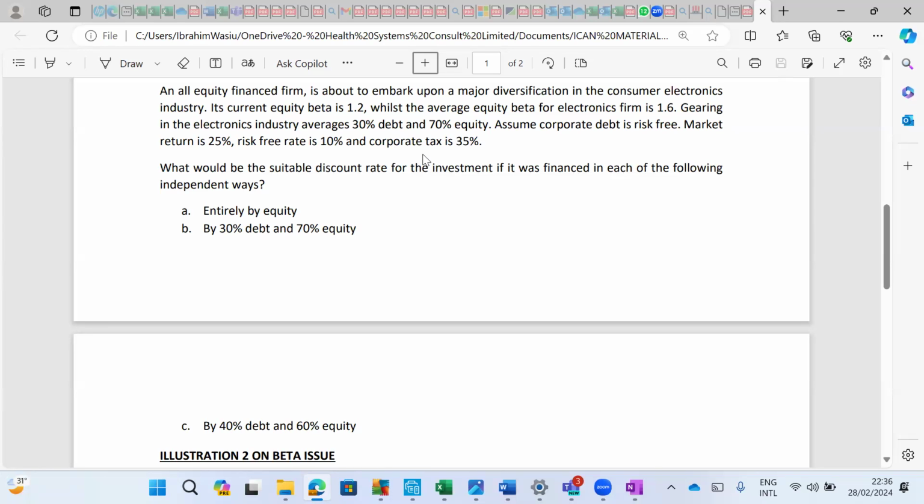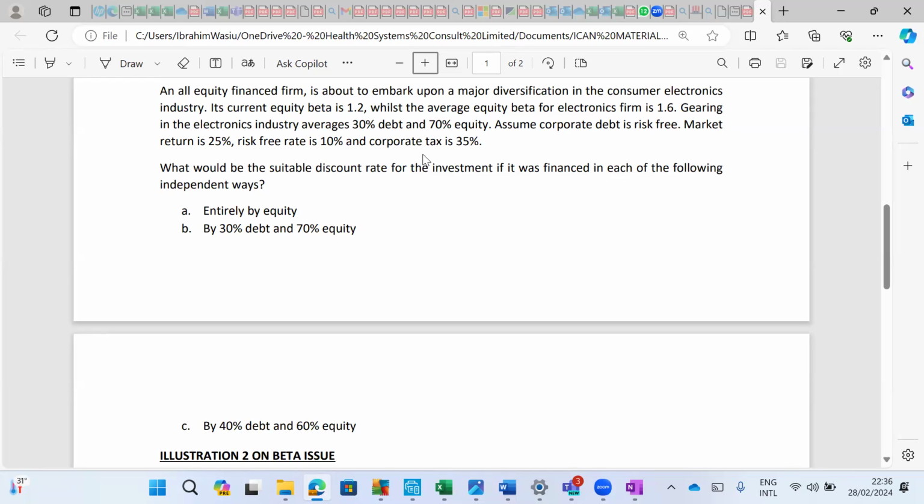Okay, so if I say corporate debt is risk-free, you can go back to your total cost of capital. When debt is risk-free, the cost of debt is the risk-free rate, net of tax. Are we together? Okay.